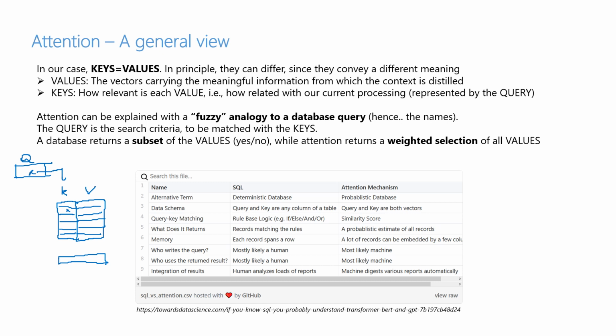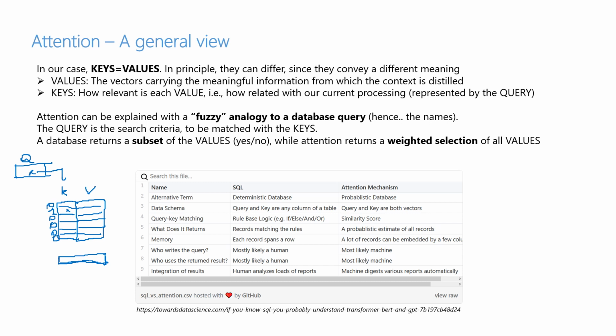The result for attention is not as crisp, but we may say that we have a kind of fuzzy result, because here we take, for example, this row with weight 1. So we take all of it and we take nothing from the other rows.